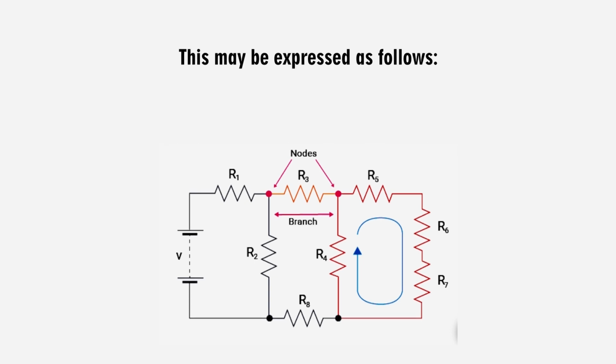This may be expressed by the given expression, where the first term on the left side is the monochromatic emissivity at wavelength lambda and temperature T, and the second term, on the right hand side, is the monochromatic absorptivity at wavelength lambda and temperature T.